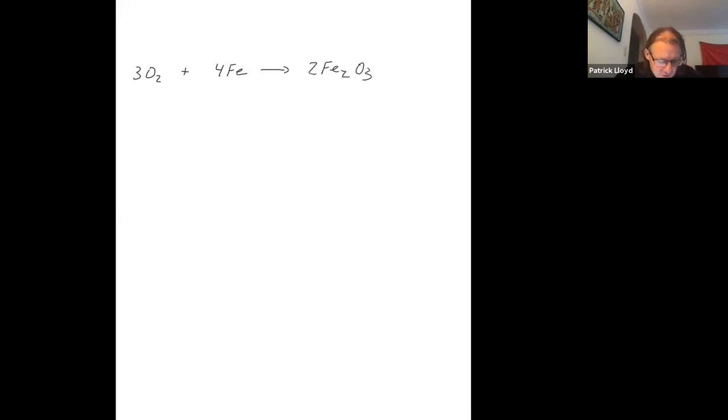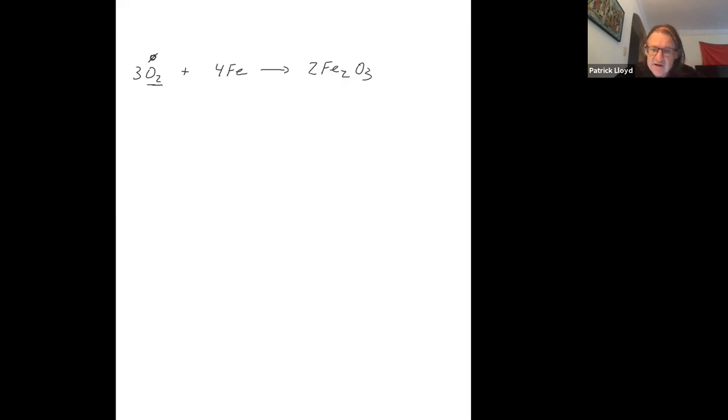Oxygen is our first substance over here on the reactant side. That's an element. Elements, by definition, have oxidation states of 0. So I'm going to write down the oxidation number up above the symbols, and I'll put a little line there to indicate that's not an O, it's a 0. So each atom in that O2 has an oxidation number of 0.